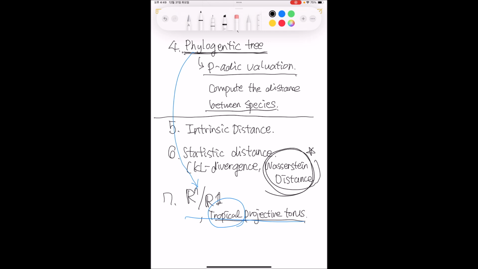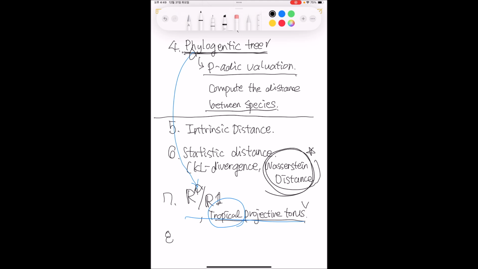I will delve into this relation and deeply understand the relation between the phylogenetic tree and the tropical projective torus, but I introduce the relation between the two objects.